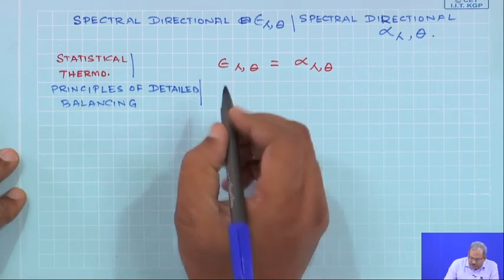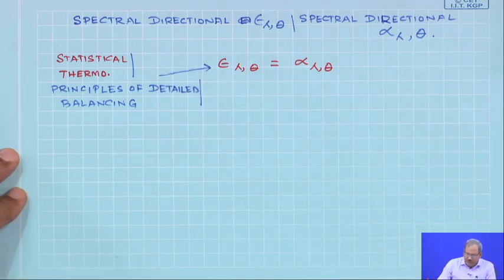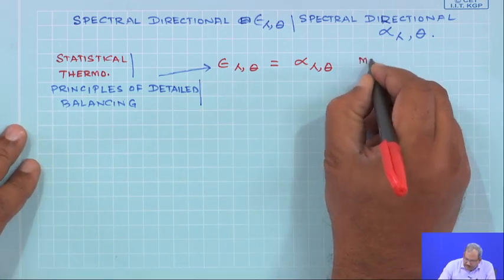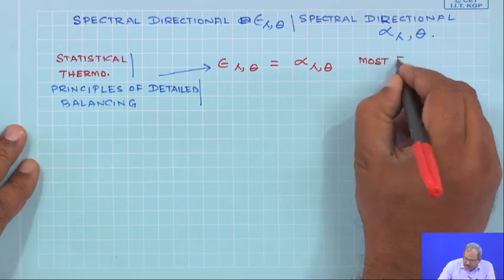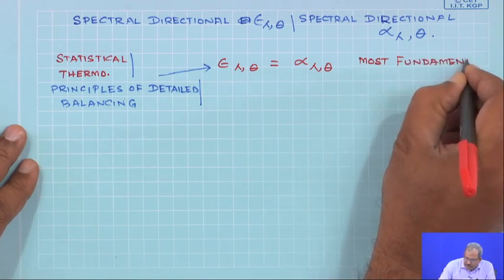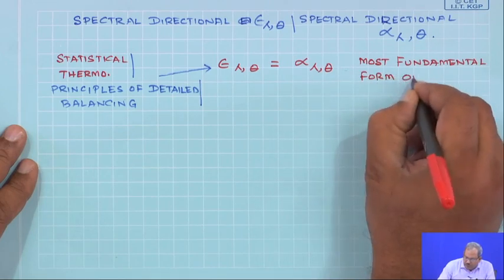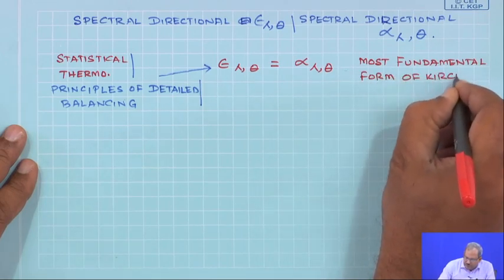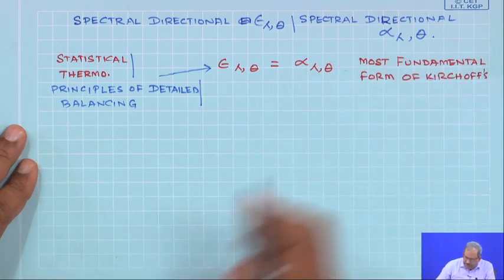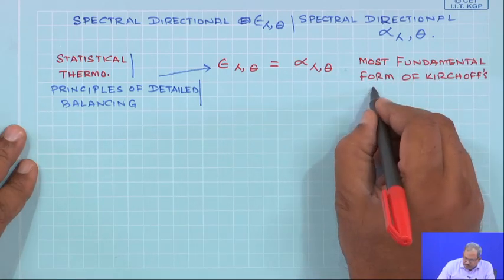So, I will not introduce it here, but this is what you can obtain from statistical thermodynamics, and this is known as the most fundamental form of Kirchhoff's law, which is always valid irrespective of where the radiation is coming from, what it is emitting, what is the temperature.